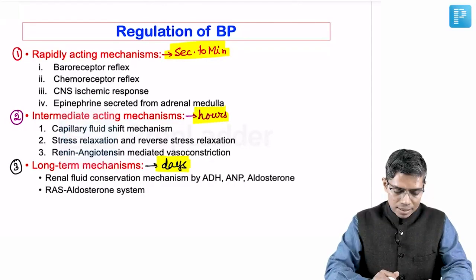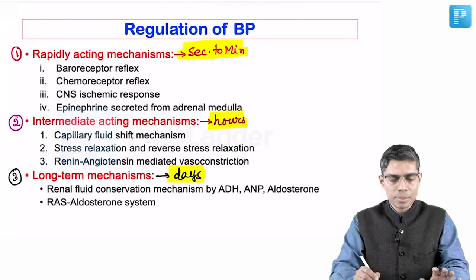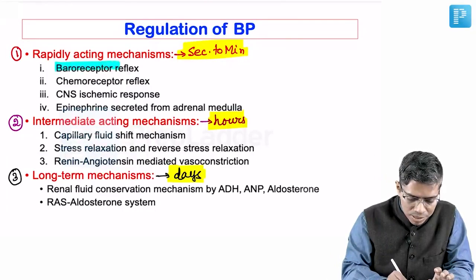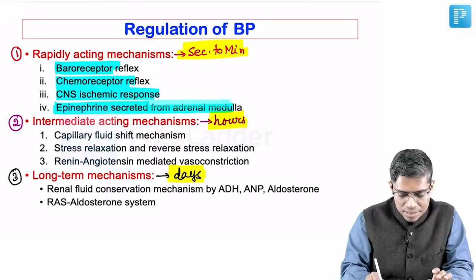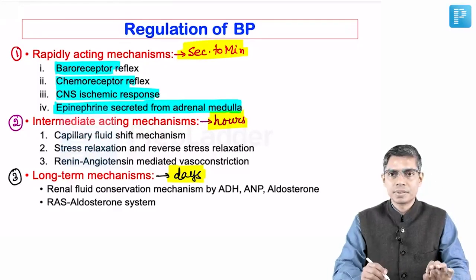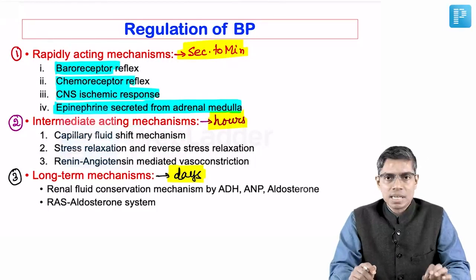Now, under this rapidly acting mechanism, you can find out that many important mechanisms are written: the baroreceptor reflex mechanism, the chemoreceptor reflex mechanism, CNS ischemic response, and epinephrine and norepinephrine secreted from the adrenal medulla. Right? So all of them are under the rapidly acting mechanism.